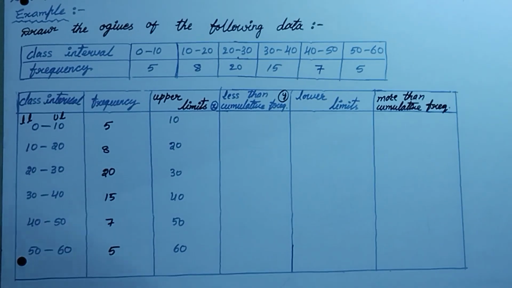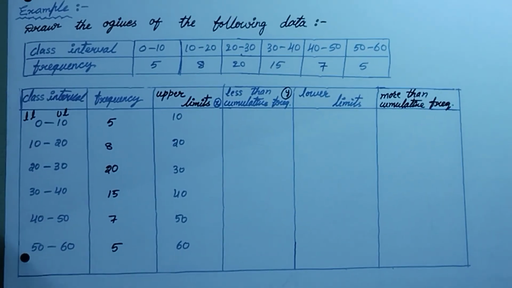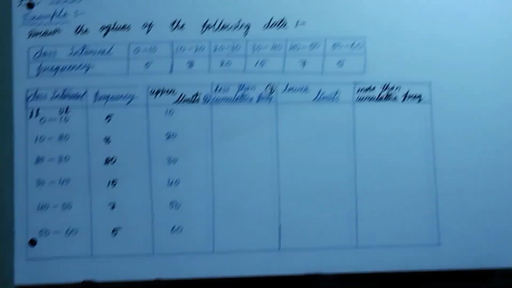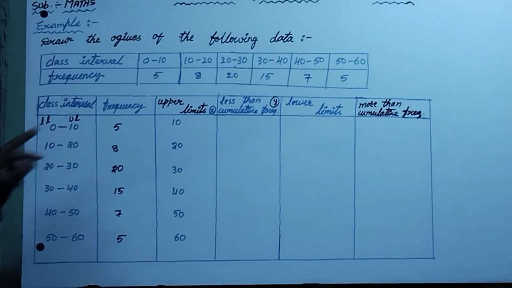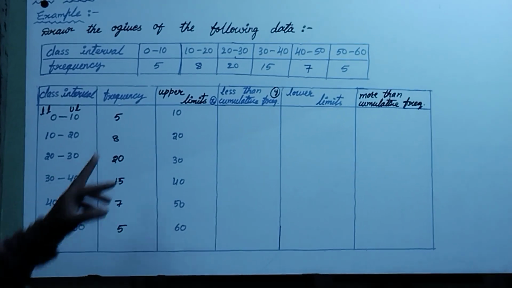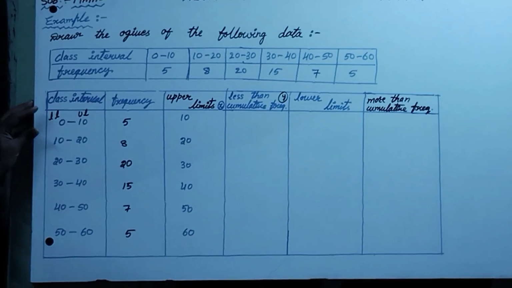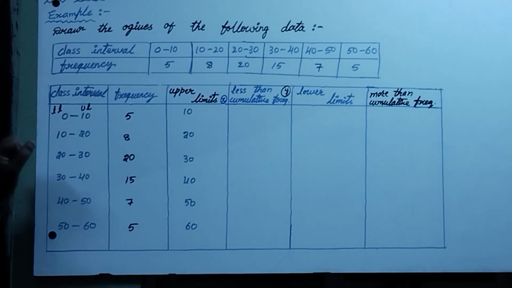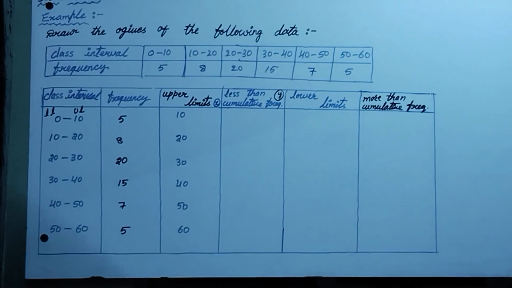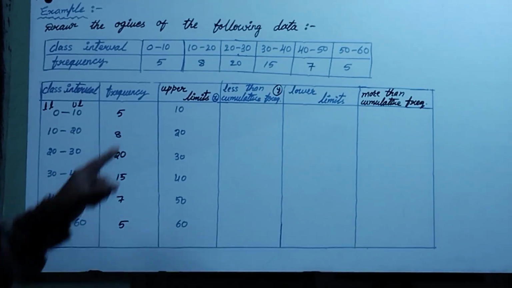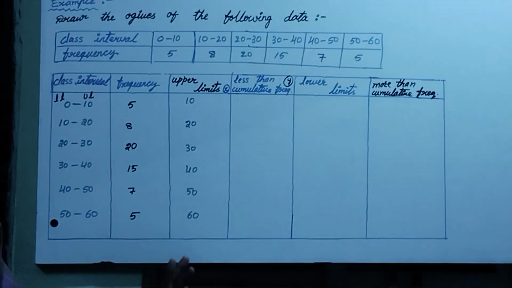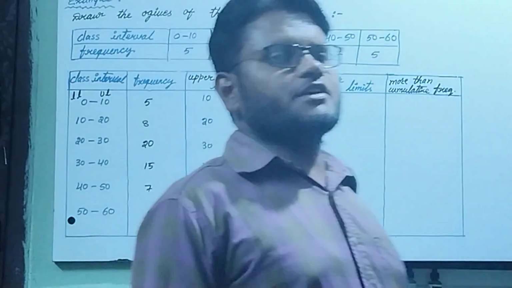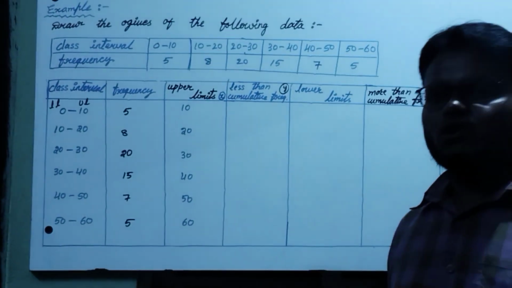For finding less than, I already said previously. I have taken all the class interval values and all the frequency values. In the class interval, the left hand side values are called lower limits and the right hand side values are called upper limits. For less than cumulative frequency I want upper limits, and for more than I want lower limits.